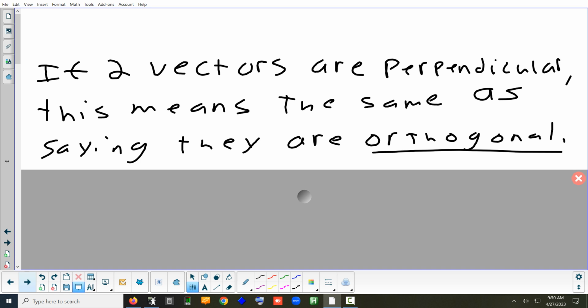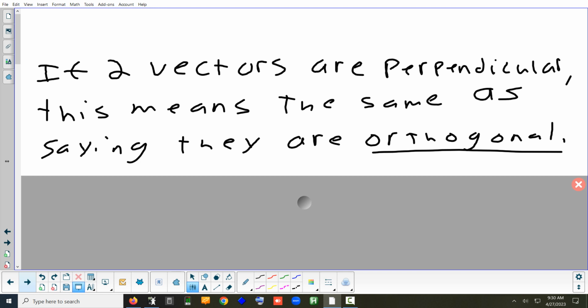But if two vectors are perpendicular, it means they are orthogonal. You might also see this symbol like in geometry, an upside down T, that means perpendicular. I'm not really picky whether you say perpendicular or orthogonal or use that symbol.